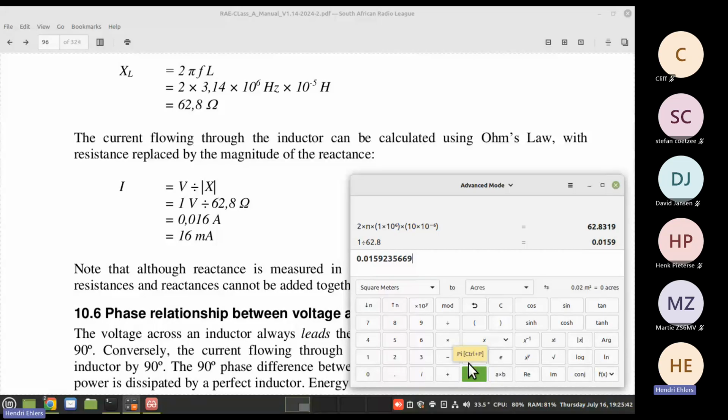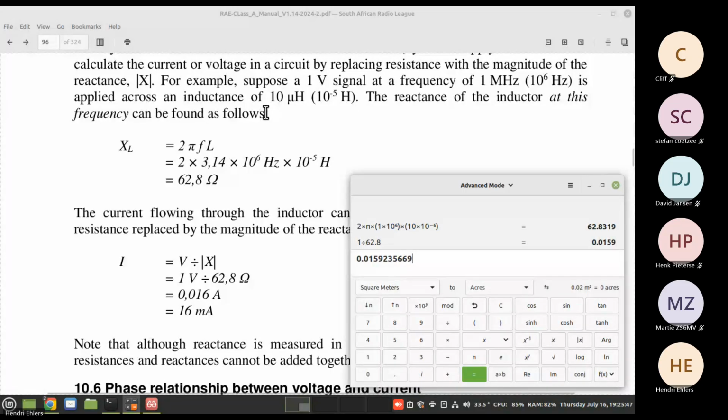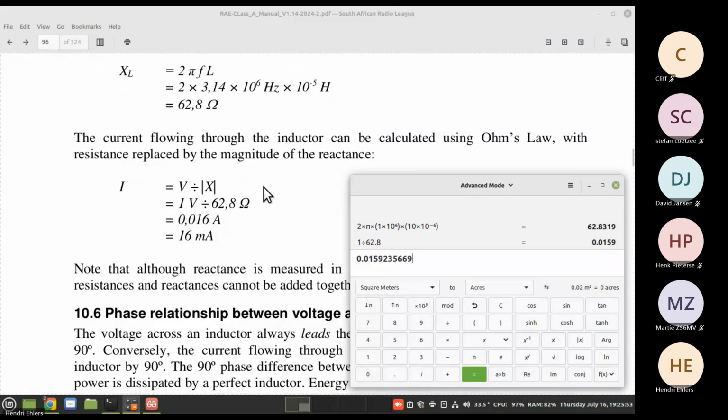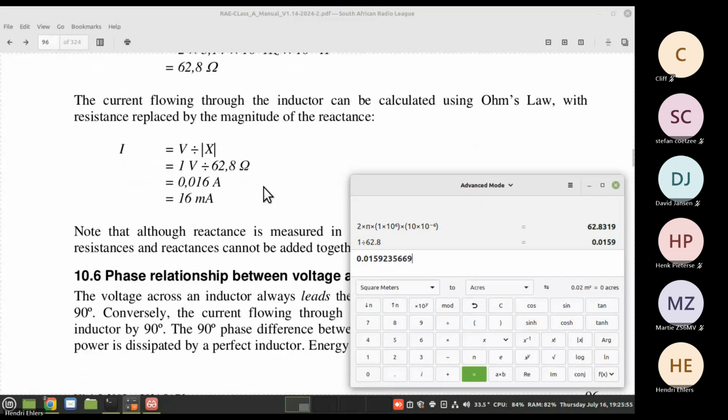Now that's a technical problem. It is 1 volt. So if I round that, it's close enough at 16.